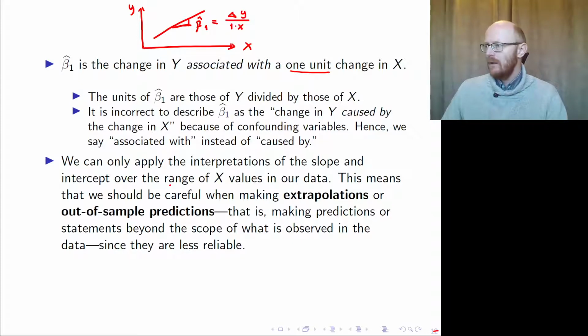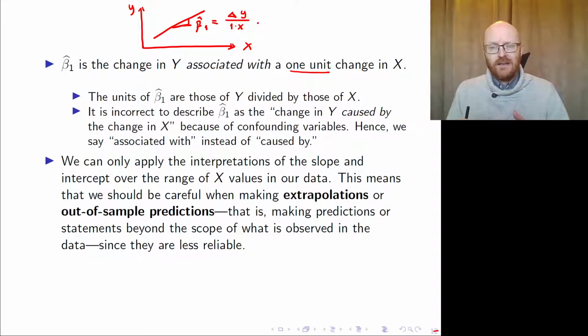The units of this slope would be the units of y divided by the units of x.